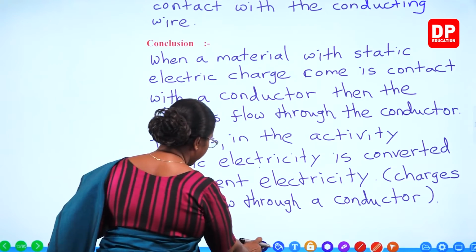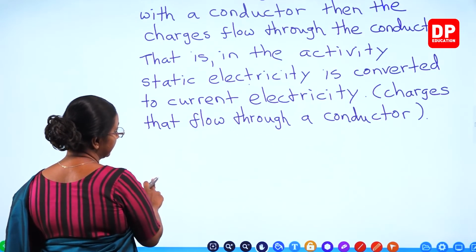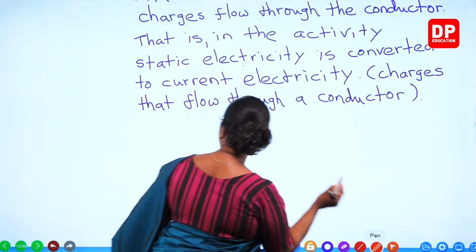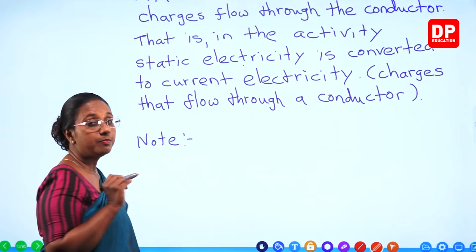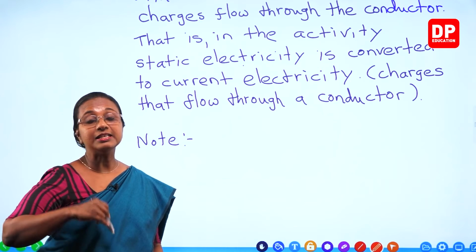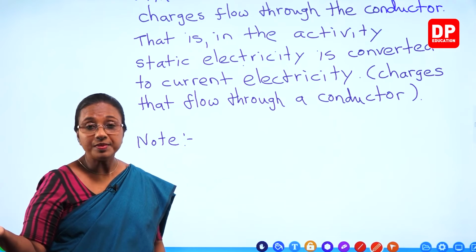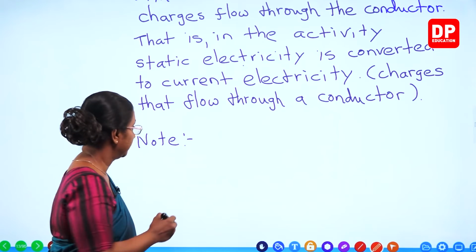Here, this is something you all have to note down and understand. I have already told you all this. The neon bulb lights only until the charges flow from the PVC rod to the earth.